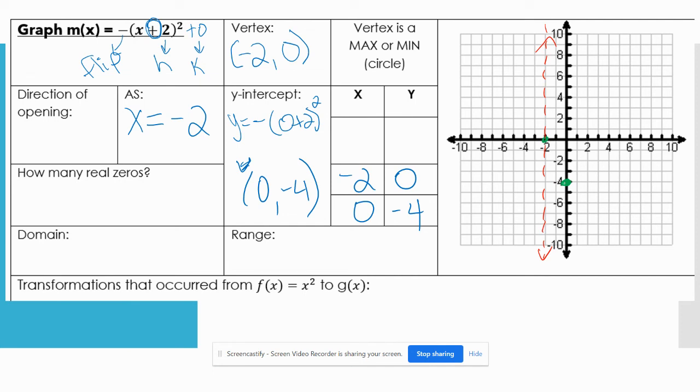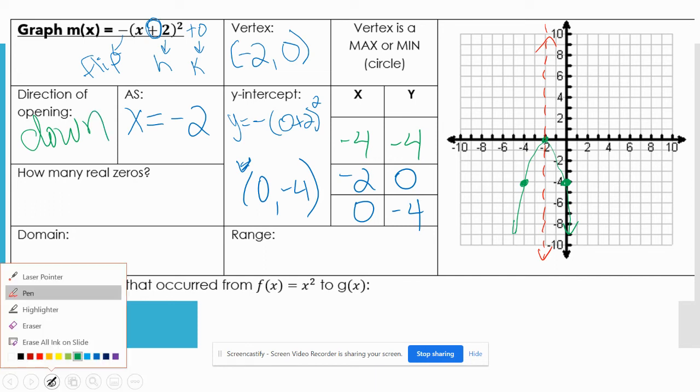Again, if this y-intercept is 2 to the right of our axis of symmetry, I can go 2 to the left of our axis of symmetry and have that same point there, which is at -4, -4. And now we can draw our parabola. This parabola is opening down.